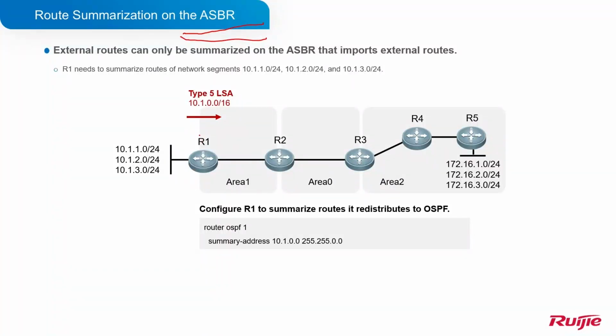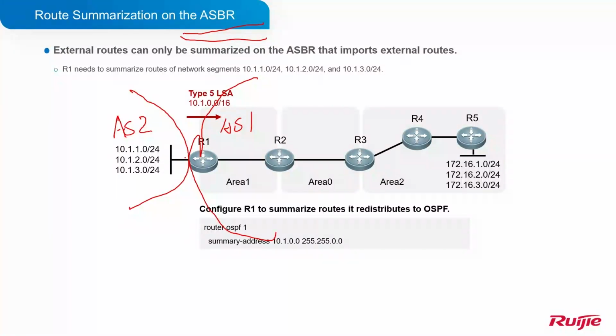The R1 device actually is the ASBR device, because R1 is connected with the OSPF domain, here is the OSPF domain, and then connected with the external routing. So here is another AS, and here is another AS, right?